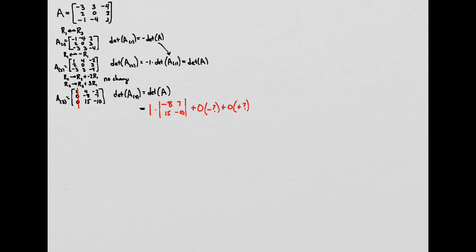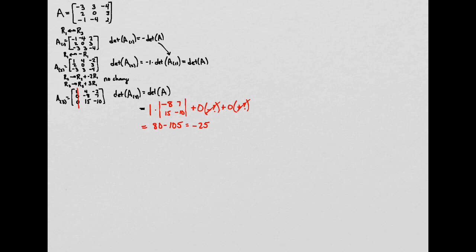Those two cofactors we don't even need to look at. And so we get our value is 8 times 10 is 80, minus 7 times 15, 105, so our value is -25.